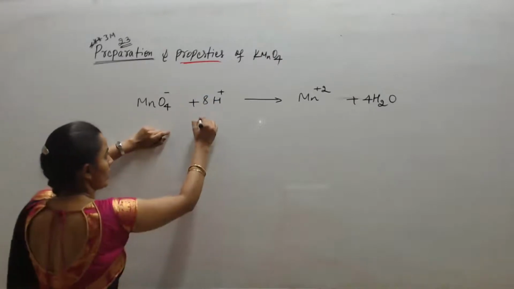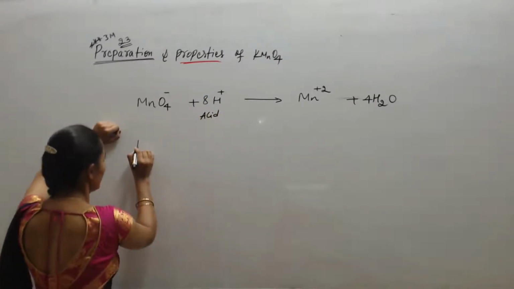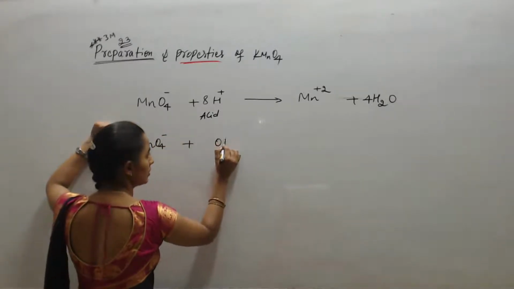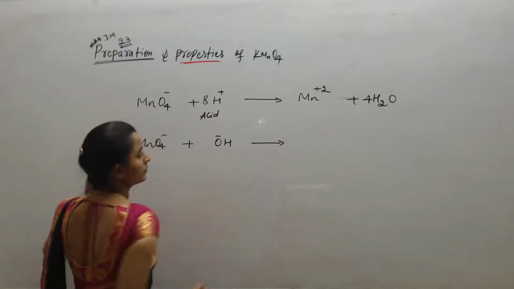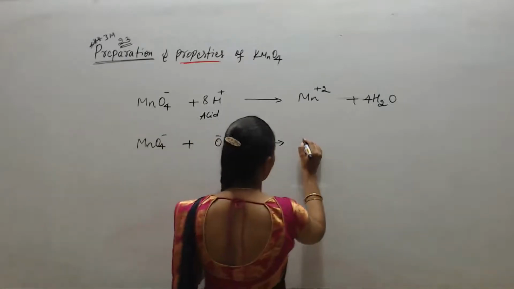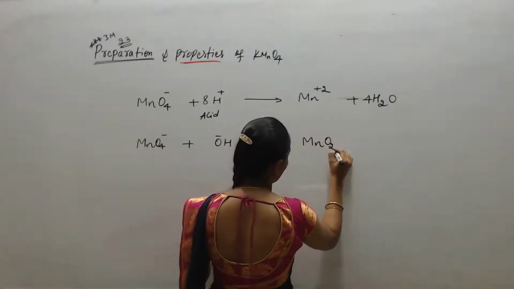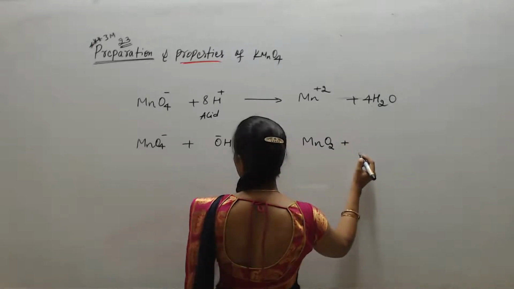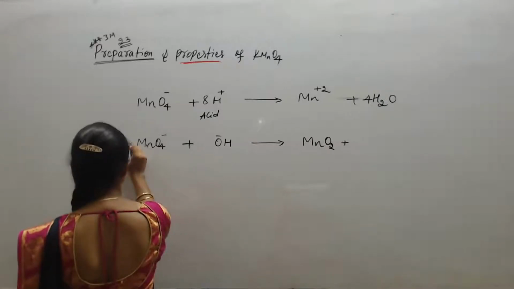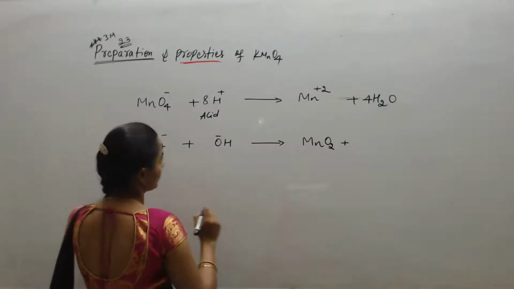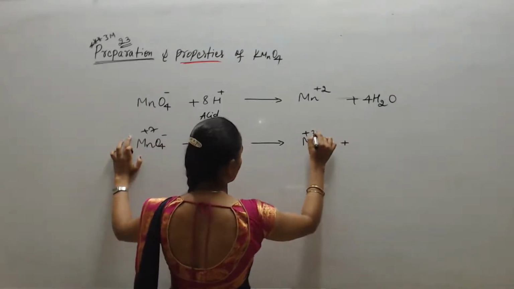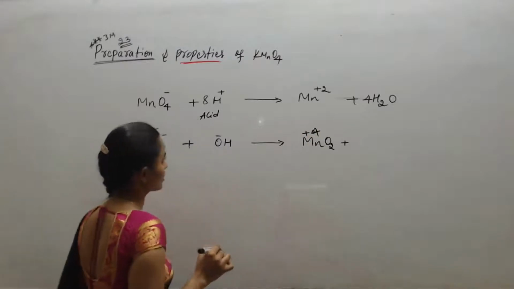This is an acid. If this MnO4 minus is treated with alkali, OH minus or H2O, then it changes to MnO2 plus, here from plus 7 it changes to plus 4. So 3 electron exchange takes place.